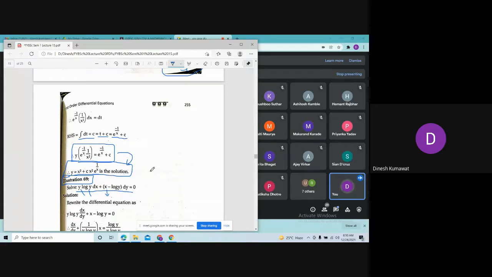So we are going to convert this equation in terms of dx by dy. Now you just divide this whole equation by dy.